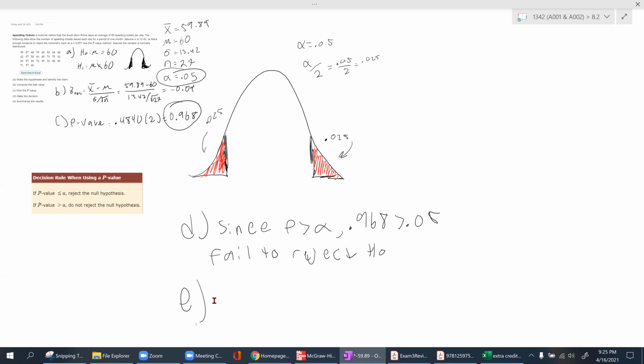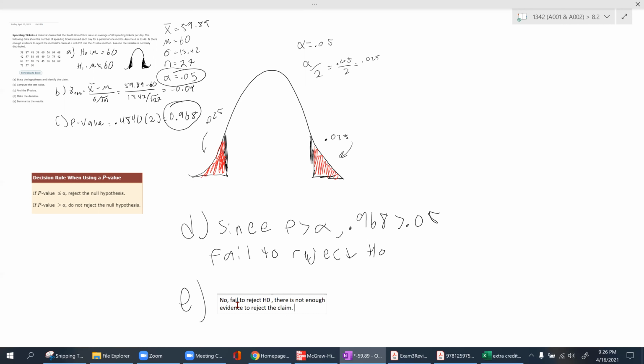If you wanted to write this scientifically, since we fail to reject the null hypothesis, there is not enough evidence to reject.